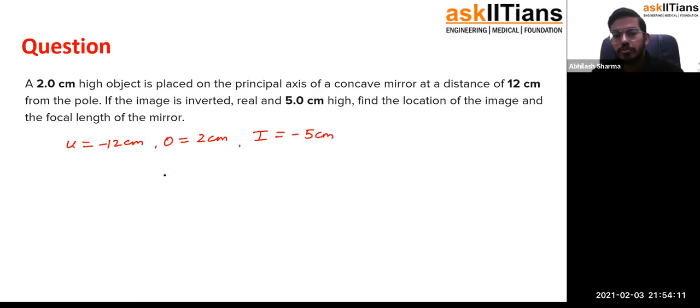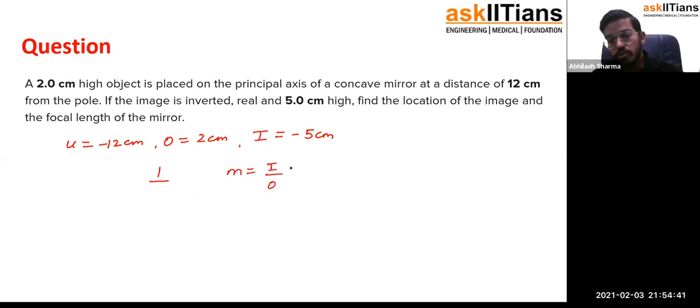So location of the image means v, they're asking. Have they given us the focal length? No, even the focal length is not given to us, but we can use the magnification formula for sure. What is the magnification formula?